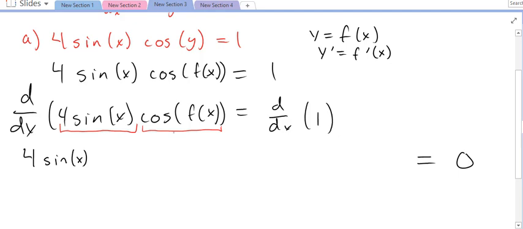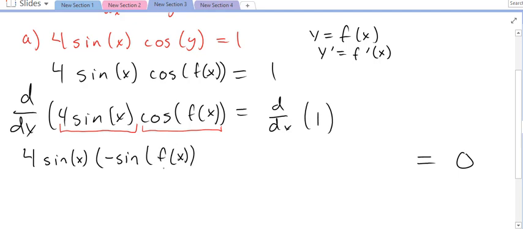And now we need to take the derivative of the cosine of f of x. And there we have a chain rule, because we have cosine of something that's not just x there. So if we were to sort of box that off, we would have it as f of x. And what we'll get is negative sine of f of x.